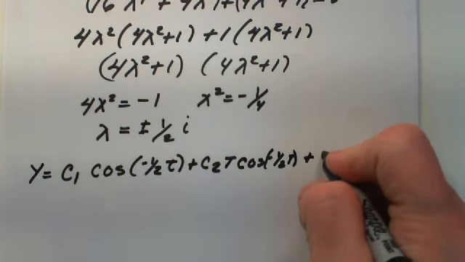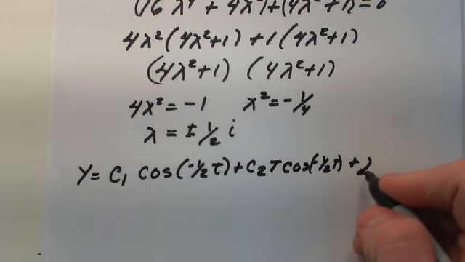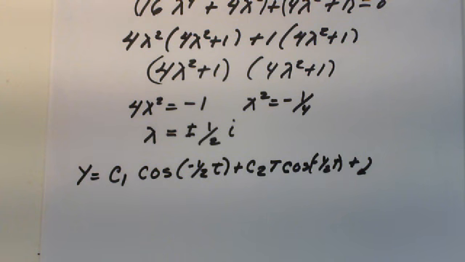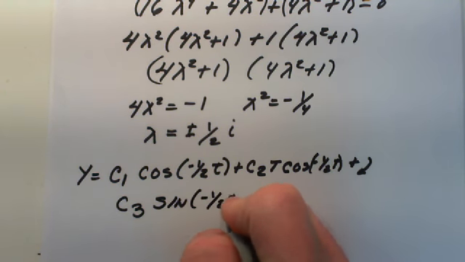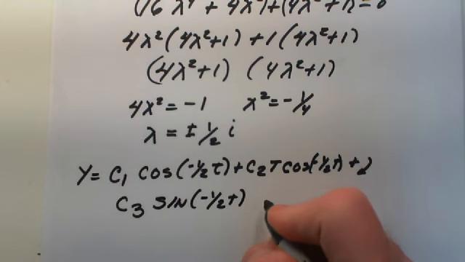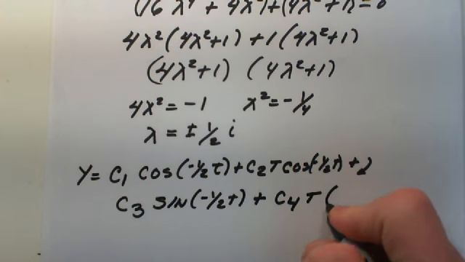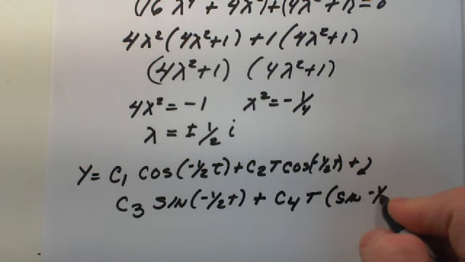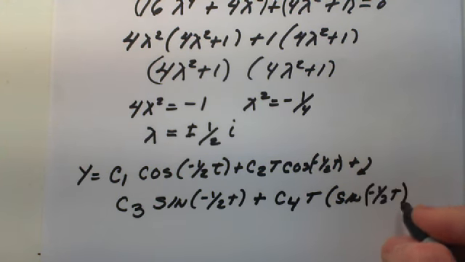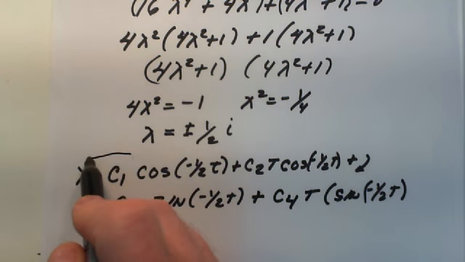Actually, I'm going to go ahead and bring this on down. So then we bring that on down, and that's going to give me c3 times the sine of negative 1/2 t. And then plus c4, we go ahead and put the t in, times the sine of negative 1/2 t. And that's going to be the solution to that differential equation.